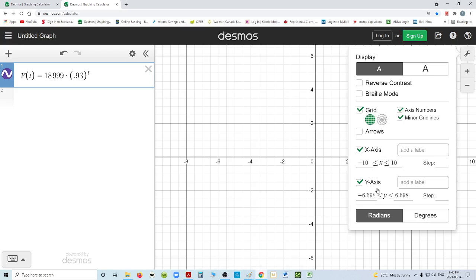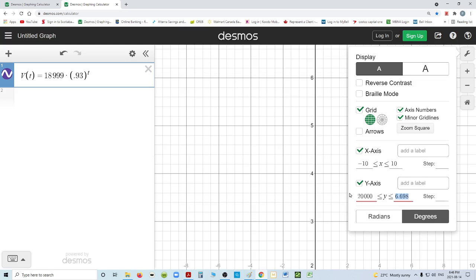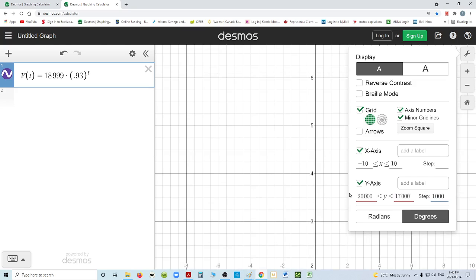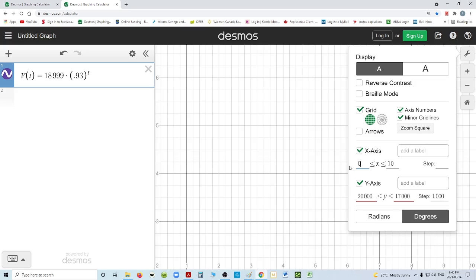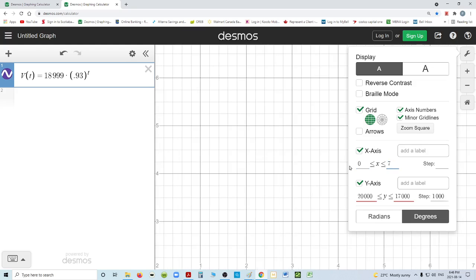Now I've got to put the y-axis on something I can see here. So we're going to look from 20,000 down to 17,000 by steps of 1,000. And the x-axis, we're just going to look from 0 to 7 years, steps of 1 year.